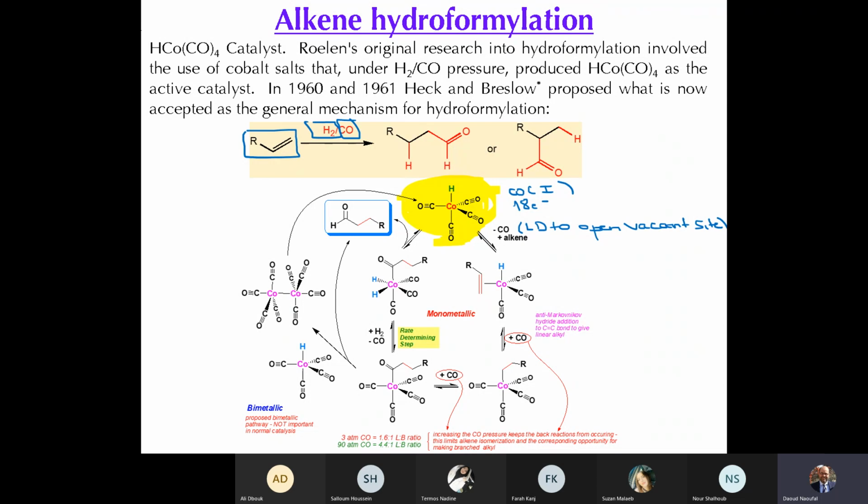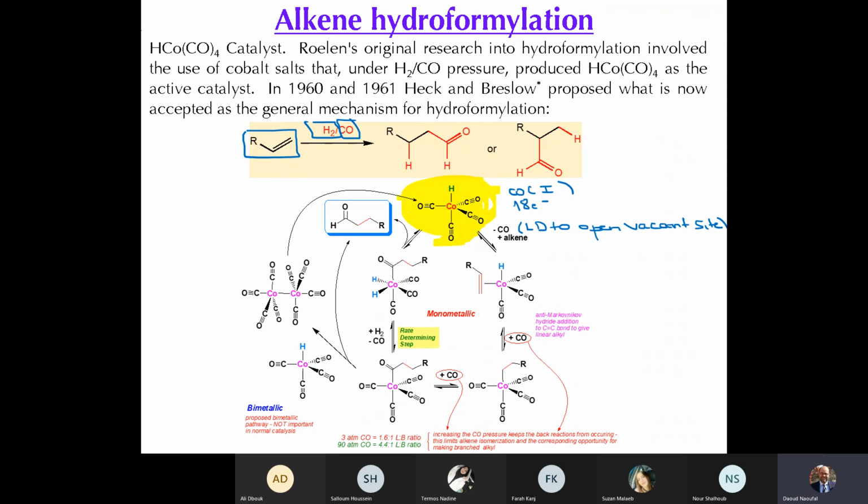This vacant site should be replaced directly by the ligands present. What are the ligands present? We have CO. It's impossible to dissociate CO and then replace CO, so this is not ligand addition of CO. You have H2, but H2 cannot be added simply to a vacant site. H2 is added by oxidative addition, so this is not the case.